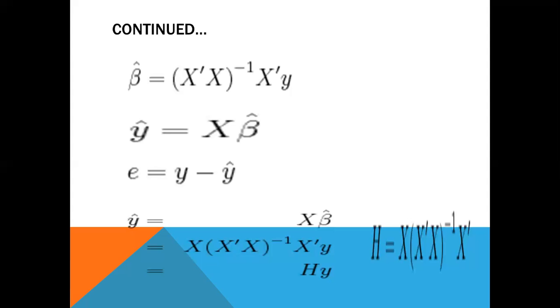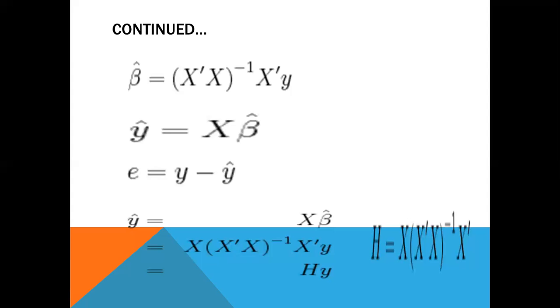Then multiplied by x transpose multiplied by y. So E, the error is the actual observed value minus the predicted value. So as usual, the errors should be minimum. Then y cap equals x multiplied by b cap.